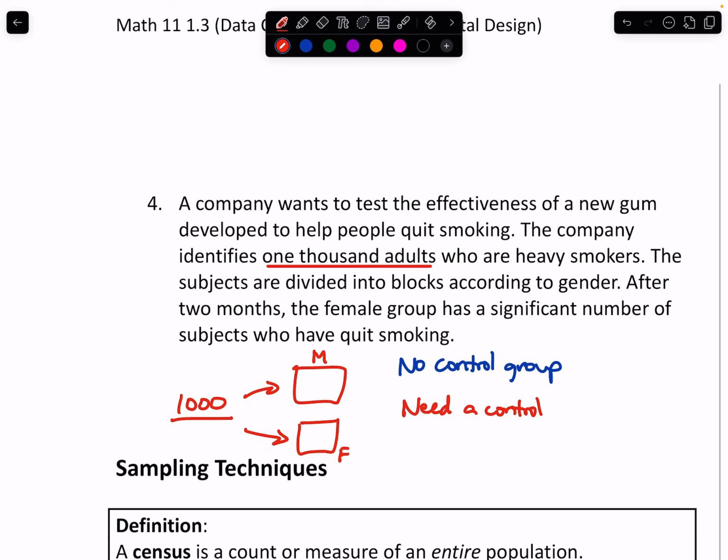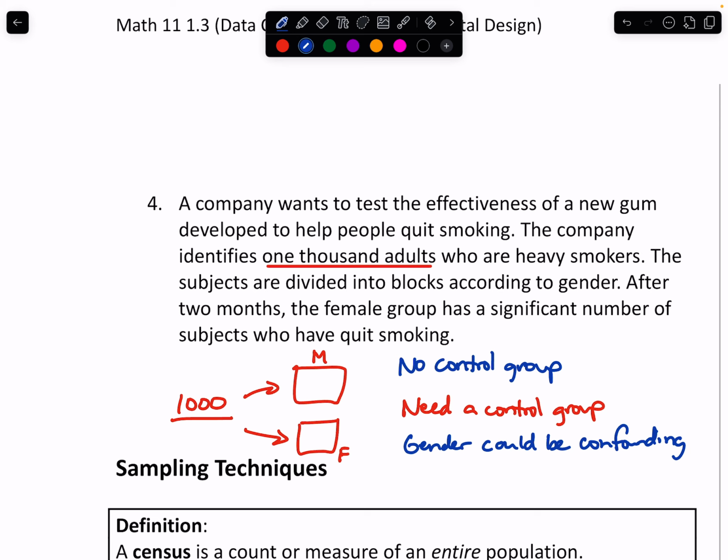And one of the other aspects of this is splitting into genders actually doesn't really help us here, because now gender could be confounding, right? Is there something about them being female that makes them more likely to do it?